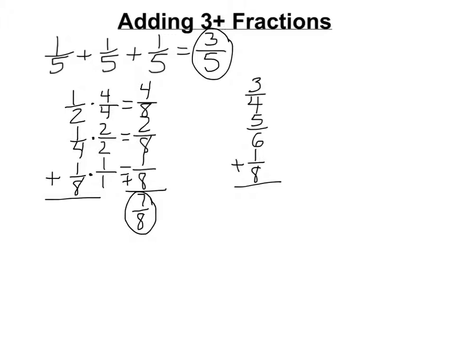So when we run into a situation like this, what I suggest you do is over to the side somewhere, out of the way, go ahead and write down your 3 or 4 or 5 denominators, however many there are, and just think through what would it take to just change 2 of them. So if I had a denominator of 4 and 6 and that was it, what could I change both of these into? Well, I could change 4 into an 8, but I can't change a 6 into an 8.